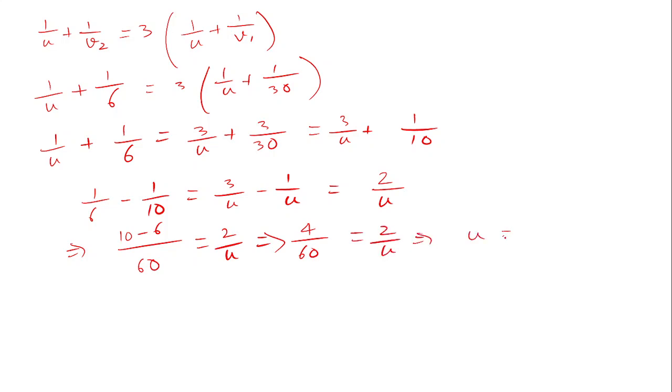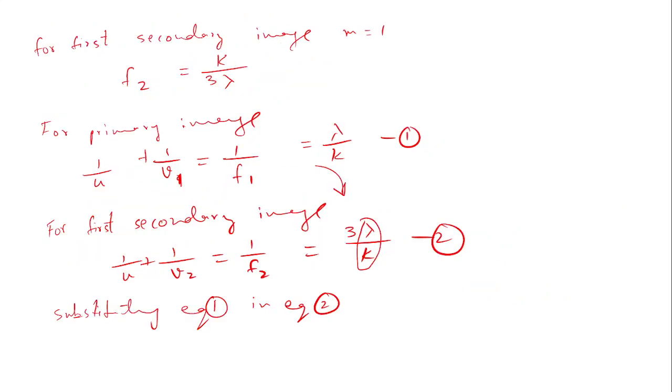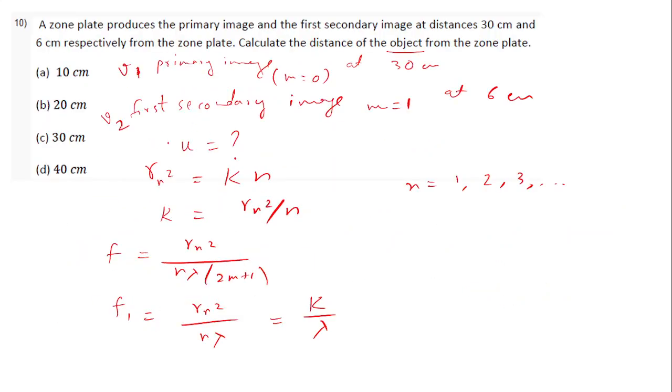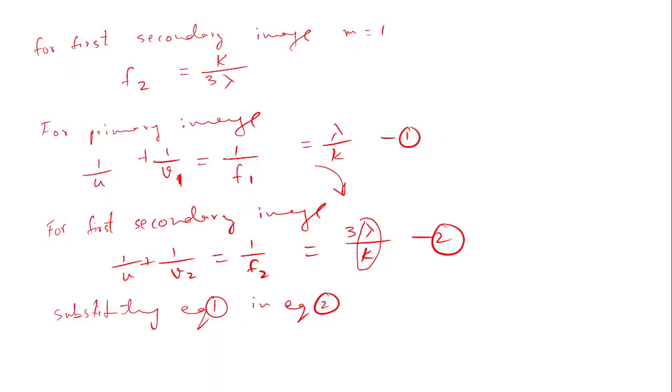This implies that u is 2 times 60 divided by 4 centimeters. Oh, wait. So v was in centimeter. Yeah. Okay. So this will be 30 centimeter. So the object distance is 30 centimeter. This is the correct answer.